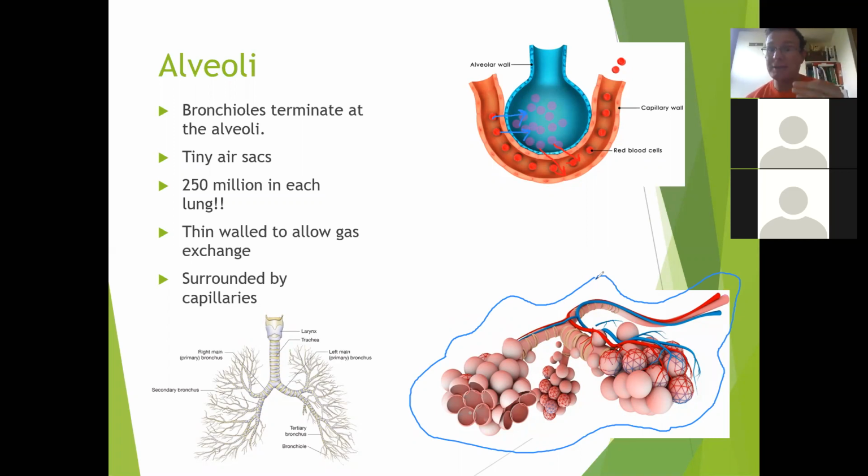So here you can see that happening. That blue blood vessel brings deoxygenated blood to the alveoli. The alveoli pass oxygen into those blood vessels, and then that oxygenated blood is brought back to the heart.